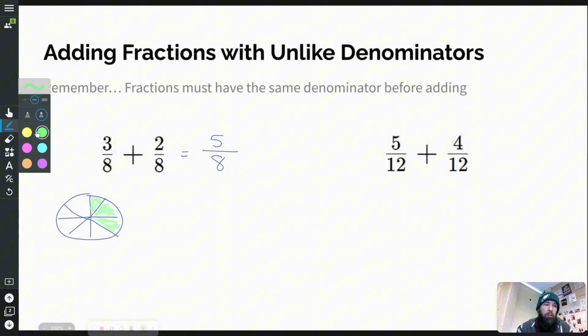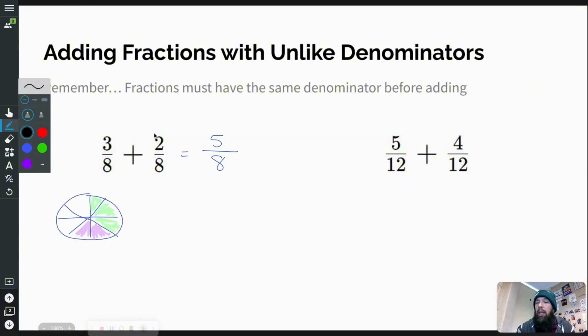And someone is going to add 2 more slices of pizza, 1, 2. That's a grand total of 1, 2, 3, 4, 5 slices of pizza out of an 8 total possible slices. So it wouldn't make sense for you to be like, oh, well, that's going to be 5 over 16. No. Add the numerators, but keep the denominators as long as the denominators are the same.